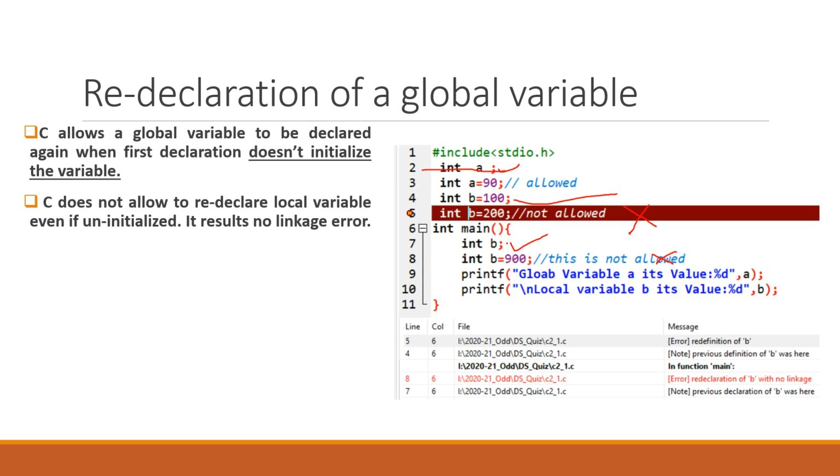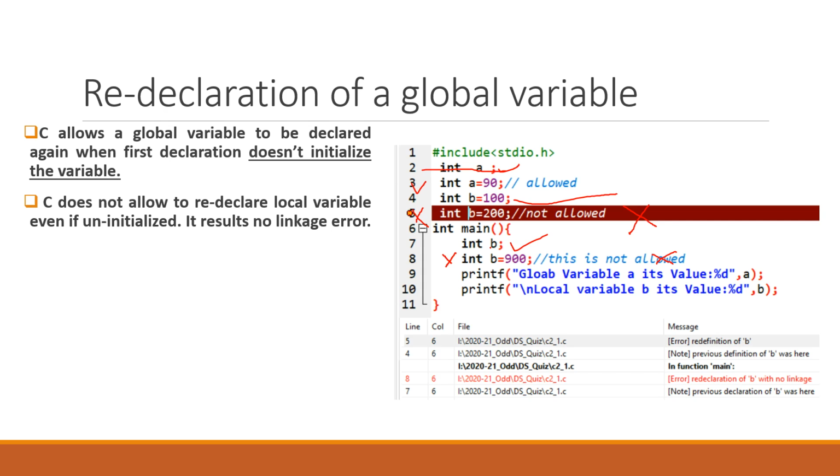For a local variable, redeclaration is not allowed irrespective of initialization. This is an error because b is already initialized. This is okay because a is uninitialized.